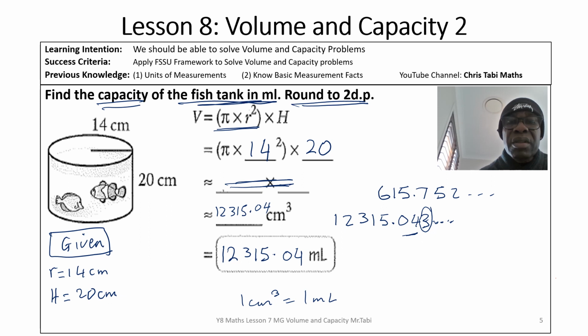I'm having trouble doing the 0.04. So that is our capacity of the fish tank, which is about 12.315 liters. Okay.